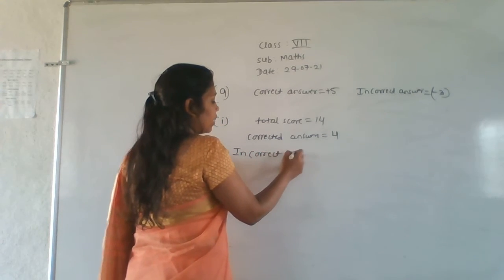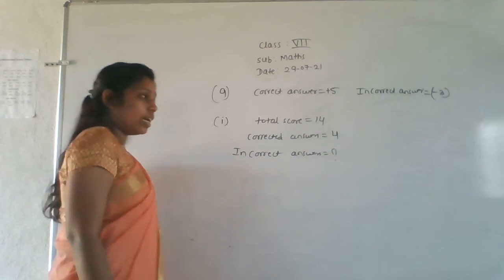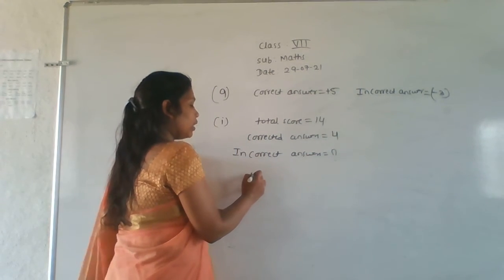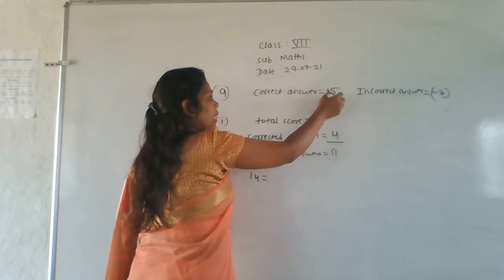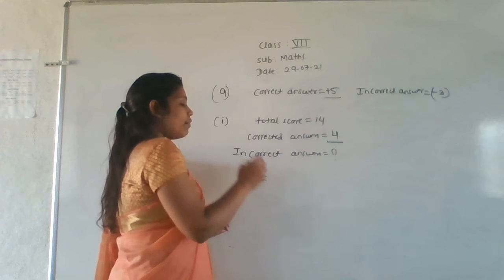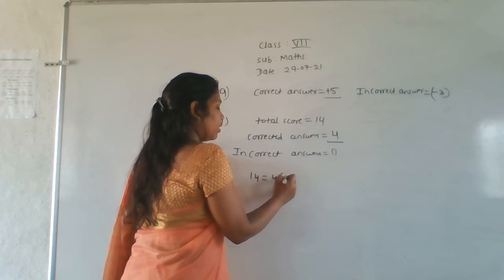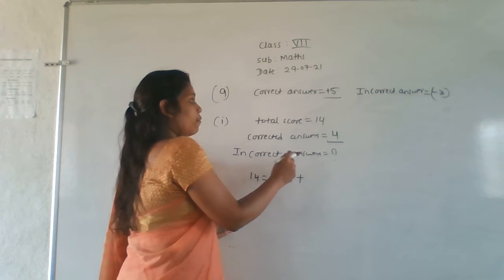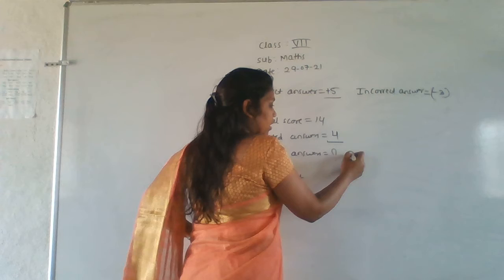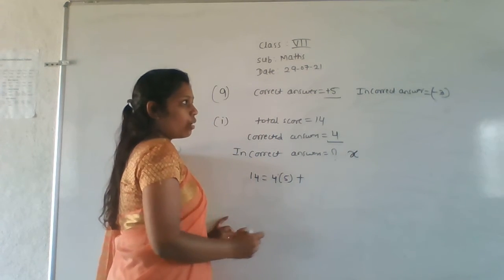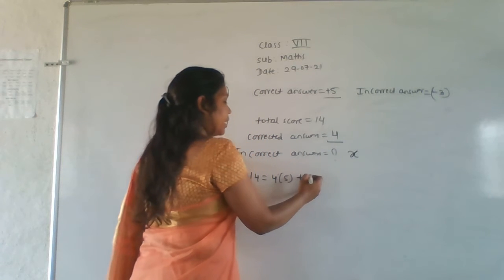How to find the incorrect answers? 14 is equal to, for every correct answer, 5 marks, so we multiply by 5, plus, for every incorrect answer, we don't know the number, so let us assume it as x, and we multiply the incorrect answers by minus 3.